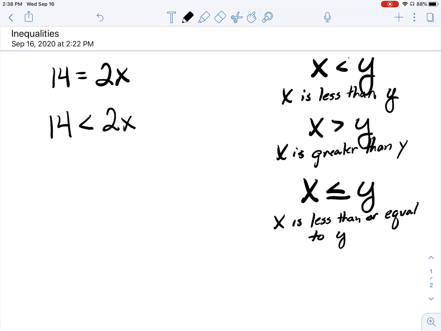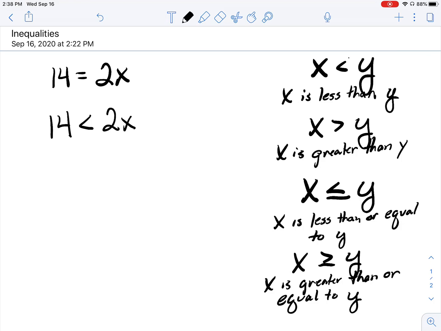And then finally, I can do it the other way. x is greater than or equal to y. So those are the various symbols that we use for inequalities: the caret to be greater than or less than, and then the underline to show that it includes both an equality and an inequality.